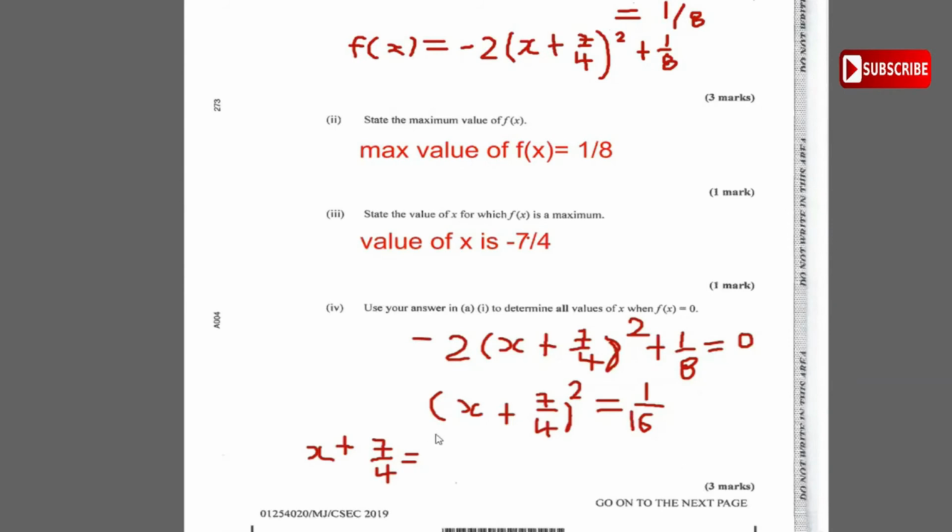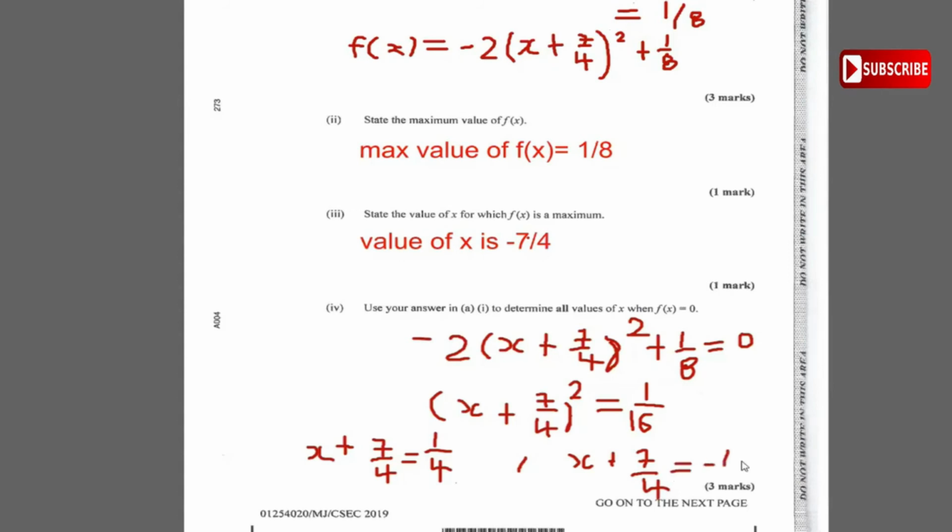So we'll get X plus 7 over 4 equals 1 over 4. That's one possibility. Or you're getting that X plus 7 over 4 is equal to minus 1 over 4. This is another possibility. Minus a quarter.